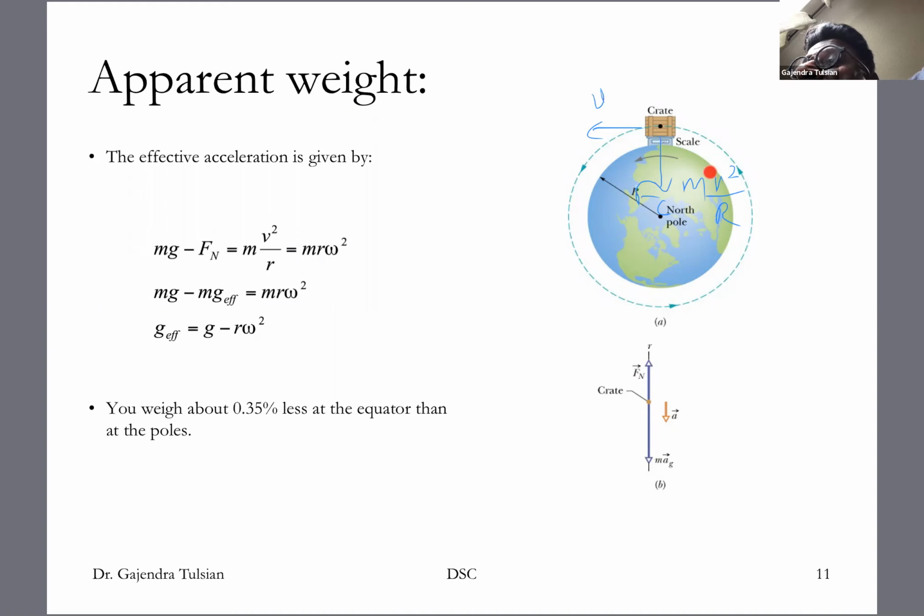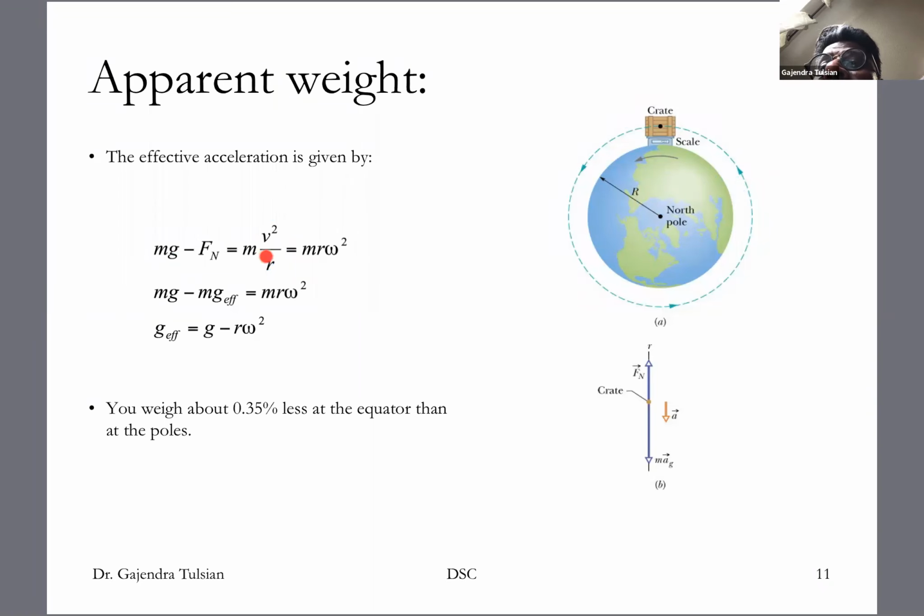If the Earth were not spinning, then this would be equal to the force of gravity. All right, so again, the centripetal force has to be the force of gravity minus the normal force. And that's what's written here. The force of gravity minus the normal force is equal to the centripetal force.